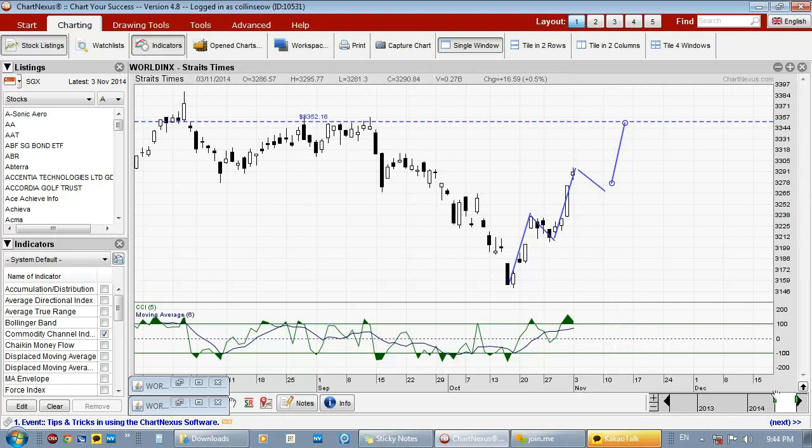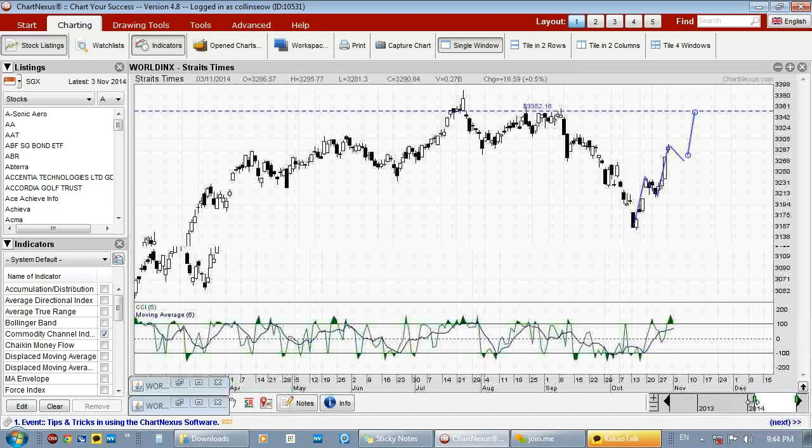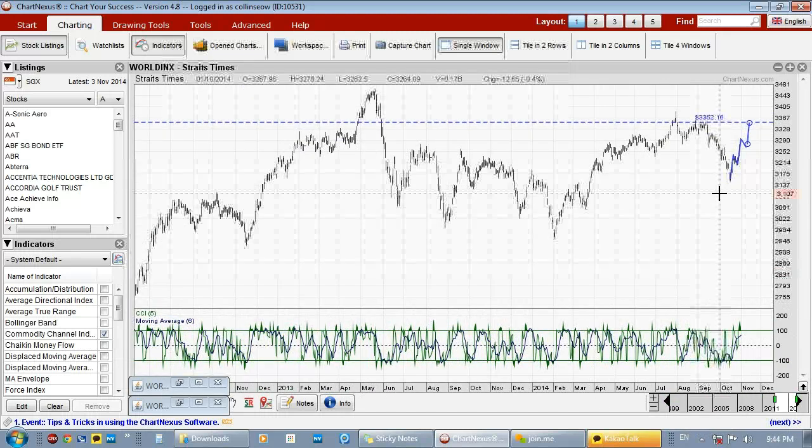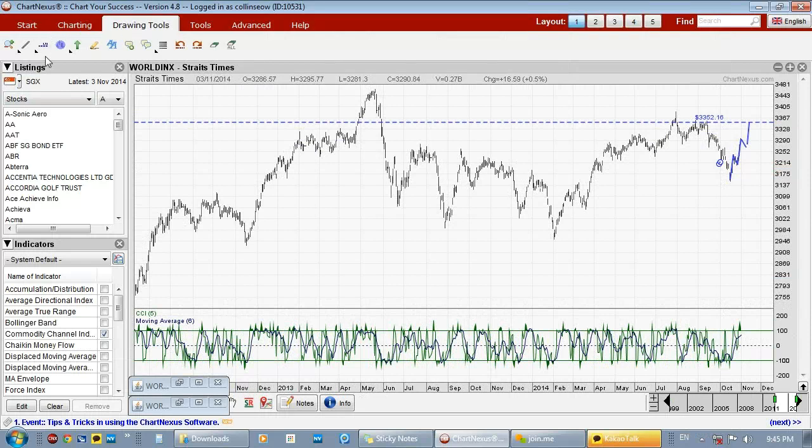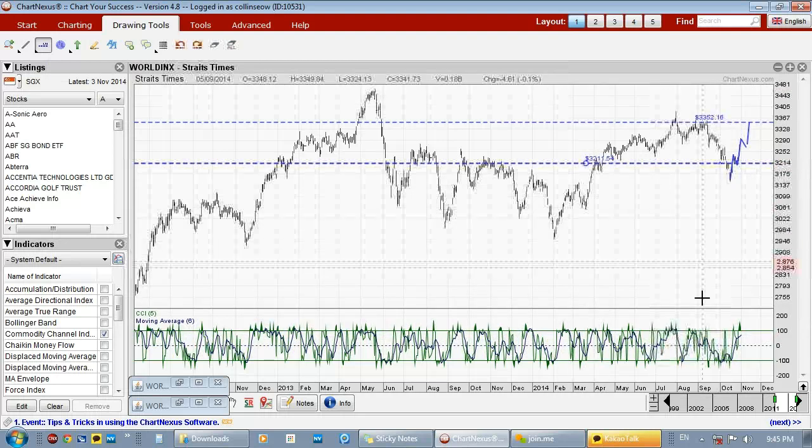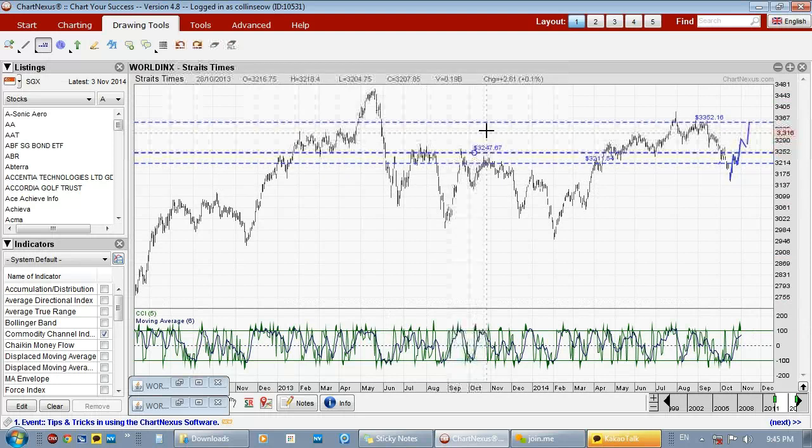The view will change if we break below this low, which is at 3,200. In fact, as we said previously, right now this is the support zone, this is the resistance zone.